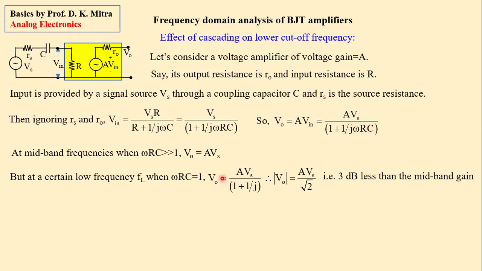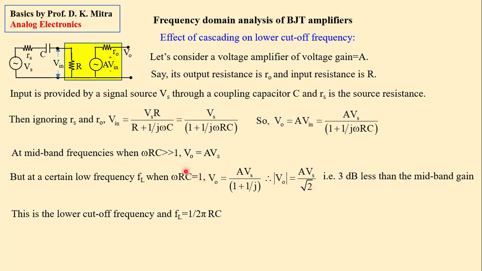So at that time, output VO is equal to A Vs divided by 1 plus 1 upon j, where 1 plus 1 upon j is equal to 1 minus j. So what is the magnitude of VO output? If we ignore the phase of VO, magnitude of VO is A Vs by root 2. And 1 upon root 2 is 3 decibel less. Right?